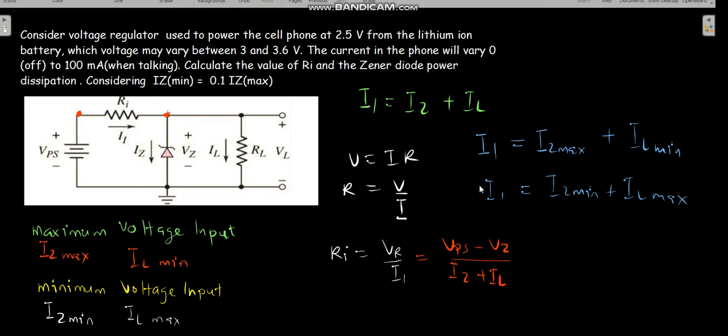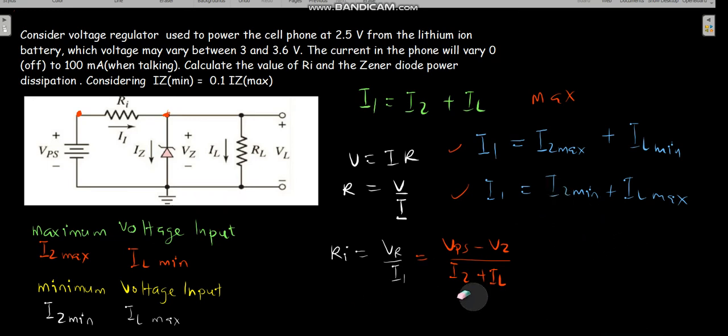So we consider the one at the top when the input voltage is maximum, and then we consider this when the input voltage is minimum. These are the two conditions here.